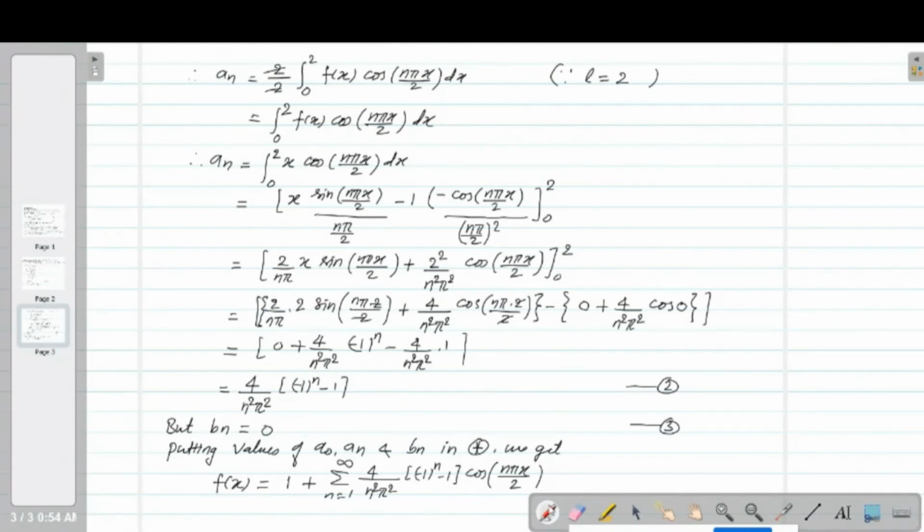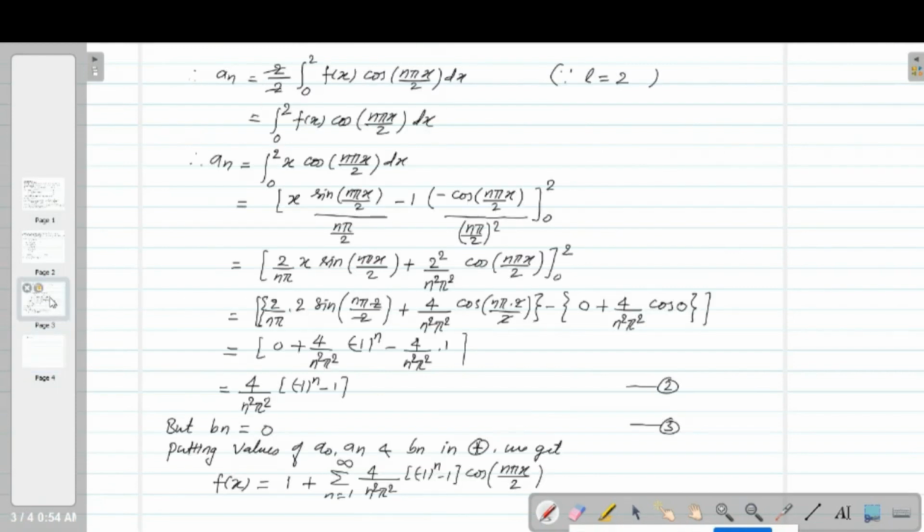So let us simplify this in the next page. Therefore, f of x equal to 1 plus 4 by pi square, which is a constant, just taking it outside. And what is the remaining inside?